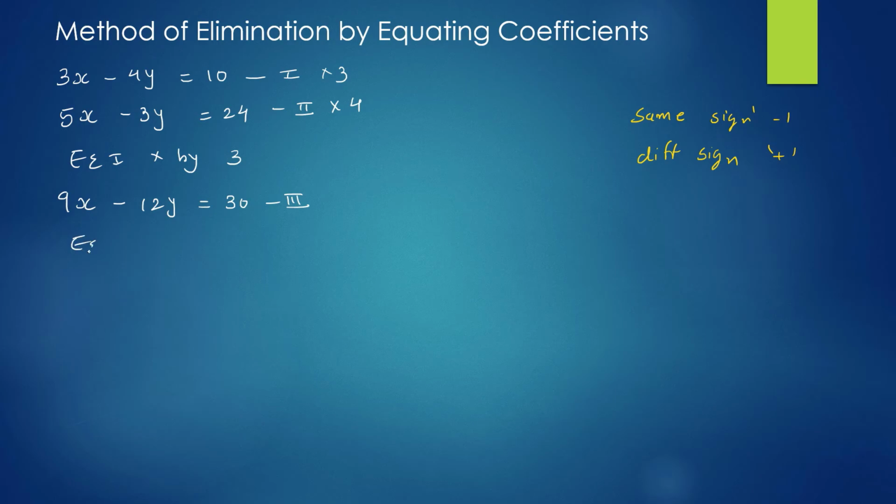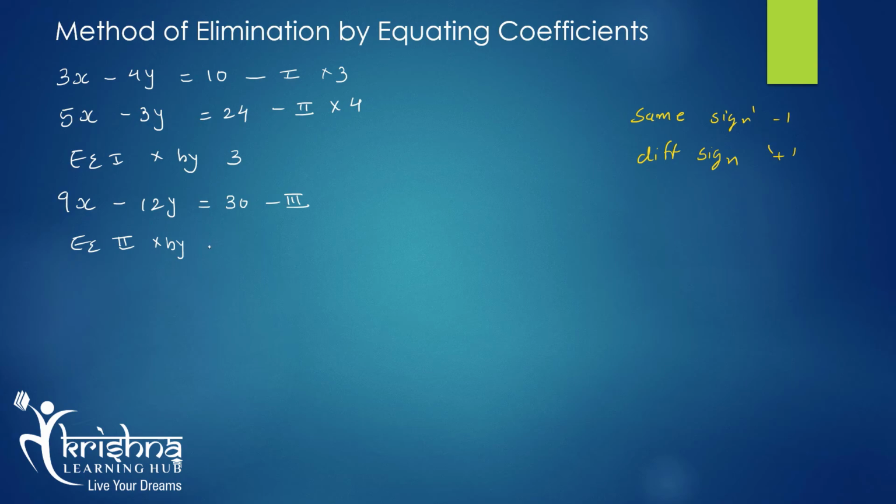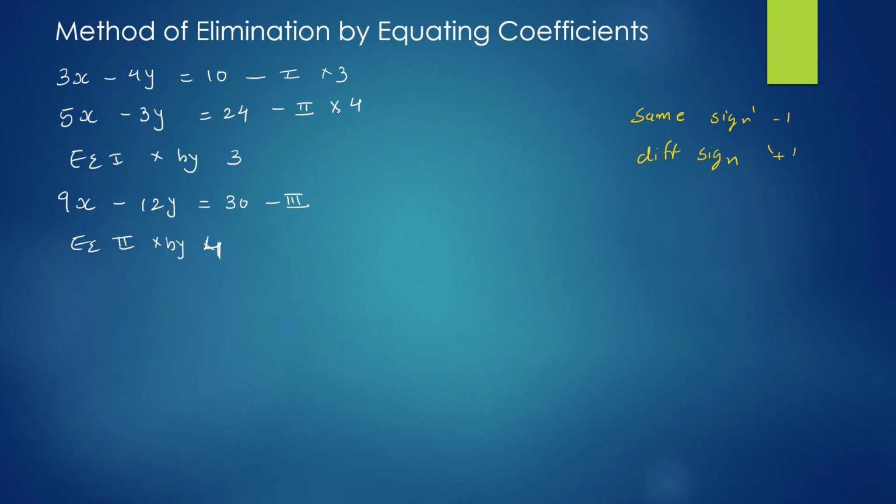Now equation 2 multiply by 4. 5 4s are 20x, minus 4 3s are 12y, then 24 4s come as 96. This is equation number 4.